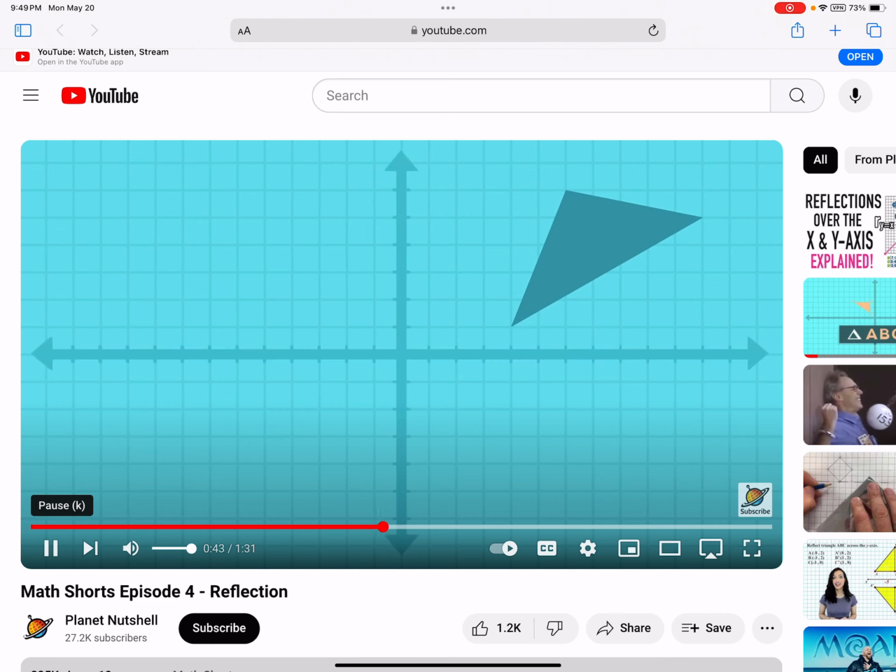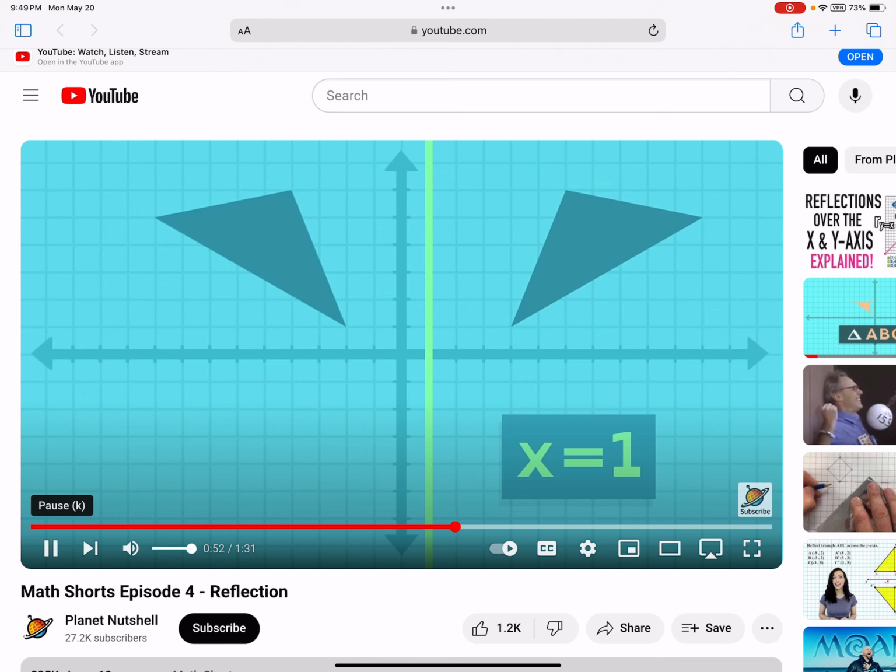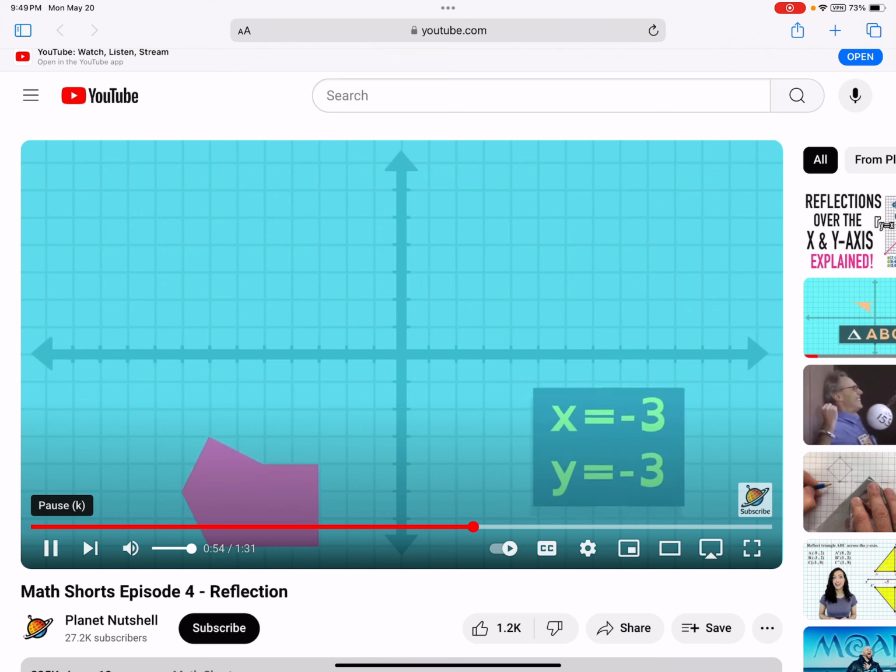You can even reflect a shape through a line using an expression such as x equals 1. In this example, the line x equals 1 is the line of reflection for the two triangles. You can use any expression to create a line of reflection anywhere.